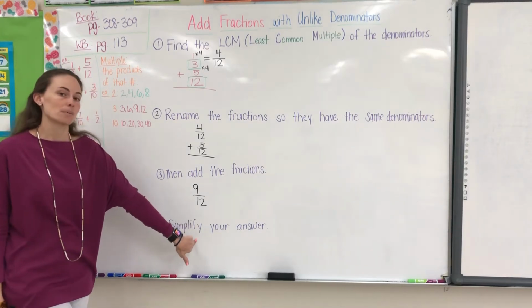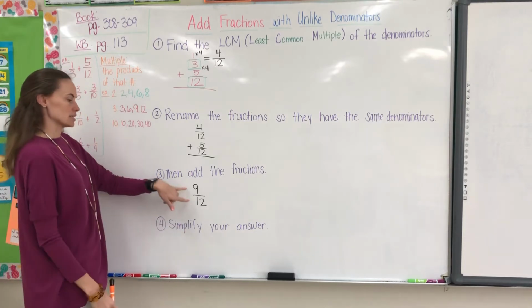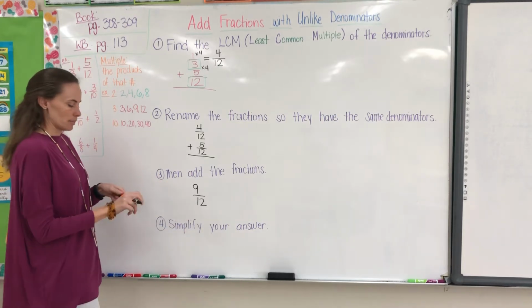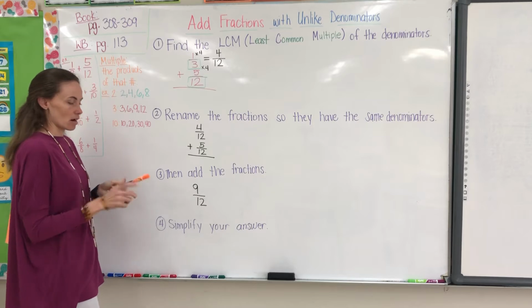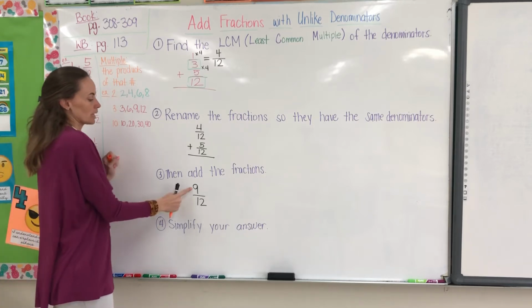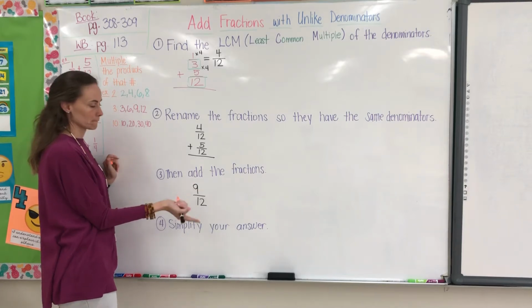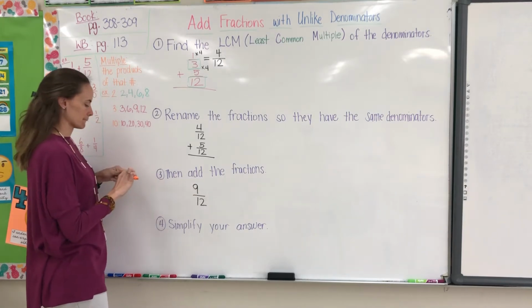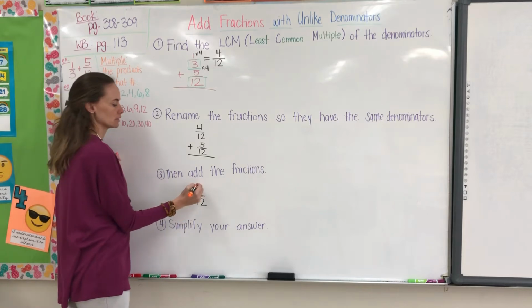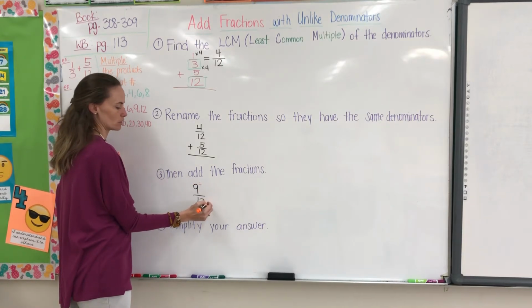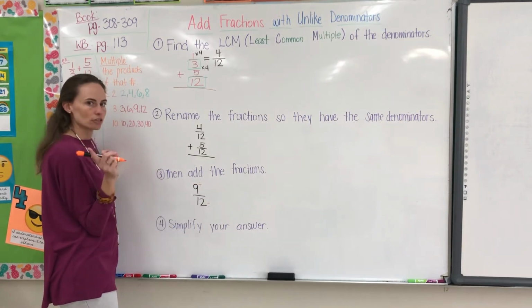Now we need to simplify our answer, right? See if we can divide it by anything, if they have any common factors. Can we divide them both by 9? No, only the top can be divided by 9. What's another factor of 9 that's also a factor of 12? 3.